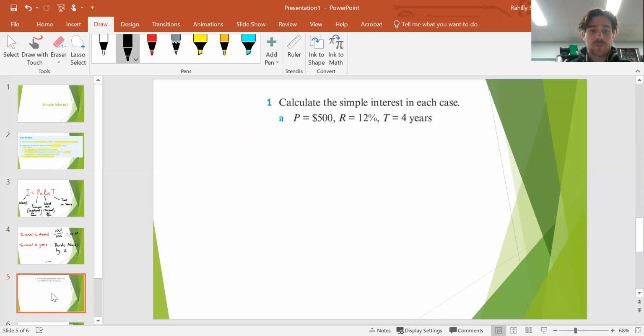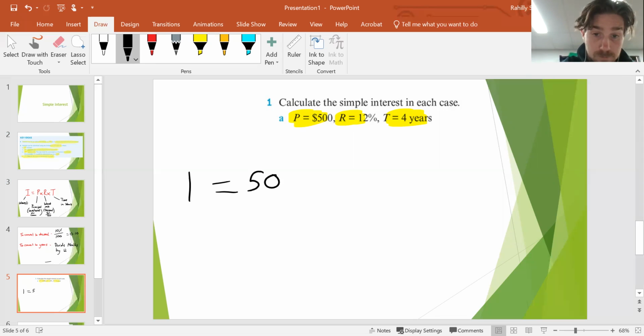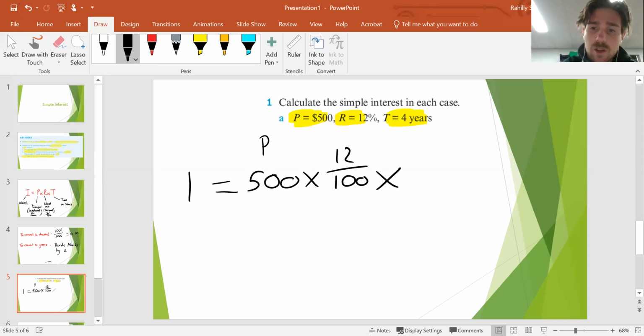Okay, we're going to jump into some examples straight away, working on this formula I equals P times R times T. So here's our first question. Now we've got our P, our R, and our T. So it's as simple as putting it into that formula. So I equals 500, which is our P, times our rate, which is 12, but it has to be as a decimal, so it's going to be 12 over 100, times T in years.